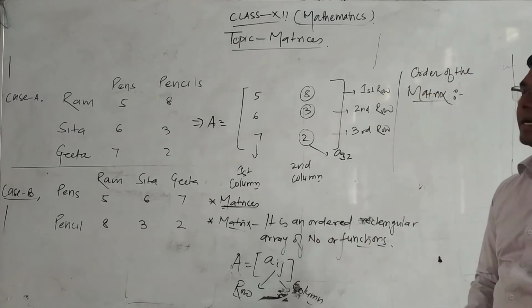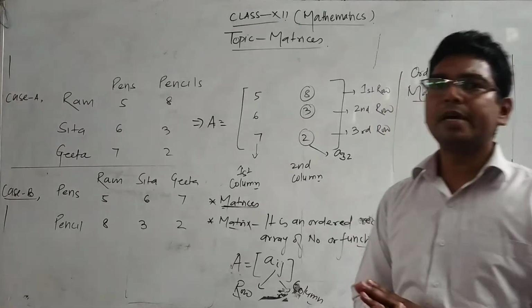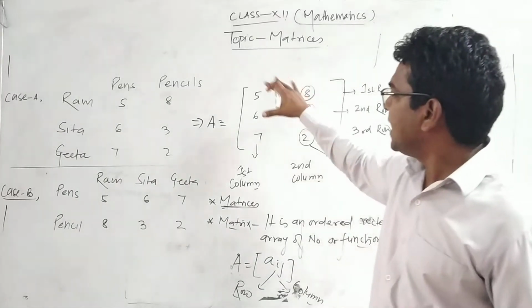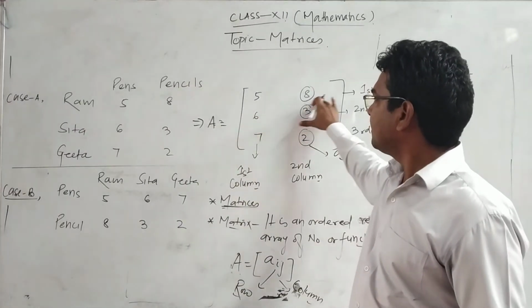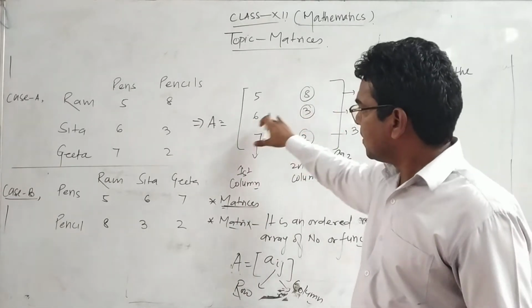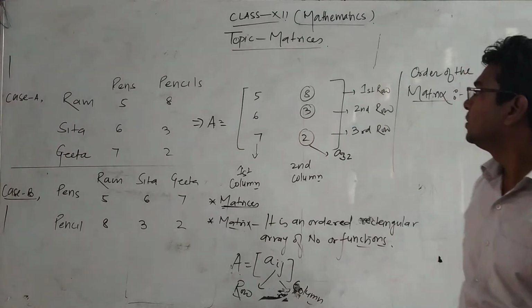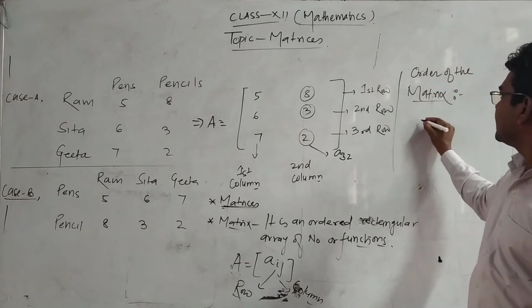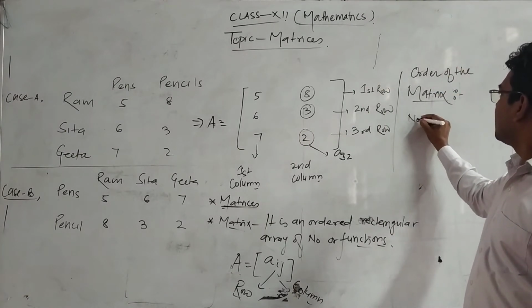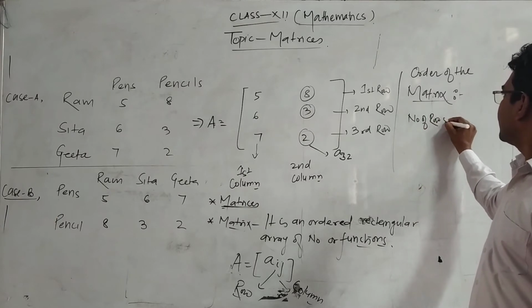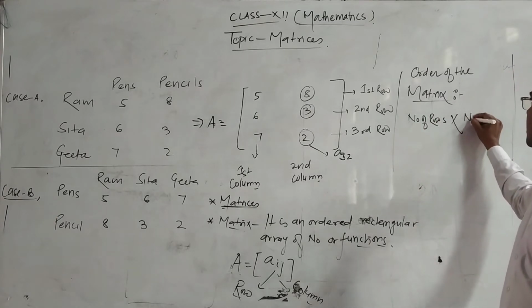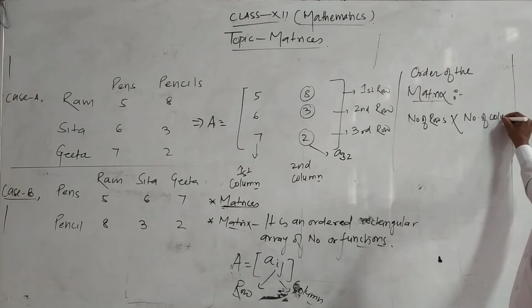So how can we write the order of the matrix? It is very easy. Any matrix has a number of rows and a number of columns, right? The order of the matrix is nothing but the number of rows cross the number of columns.